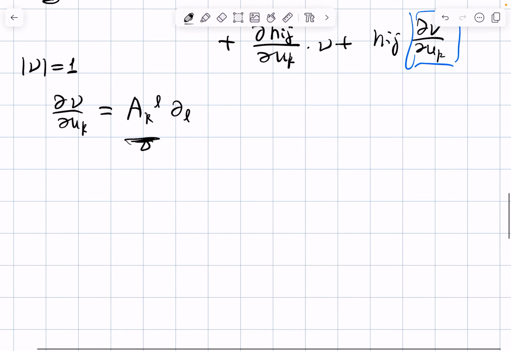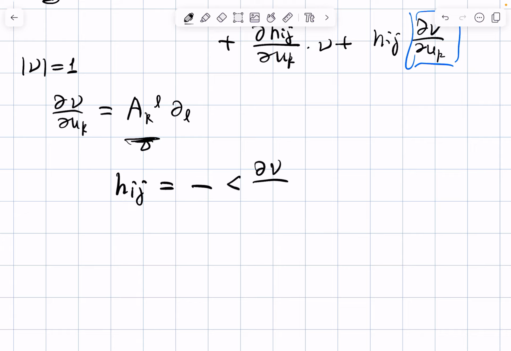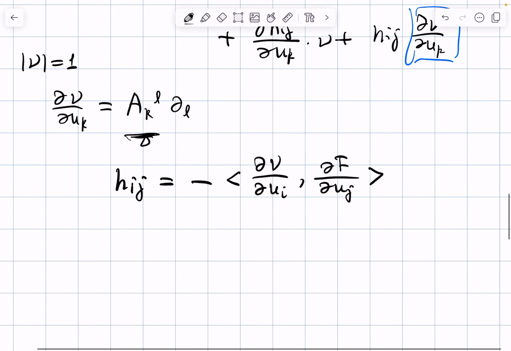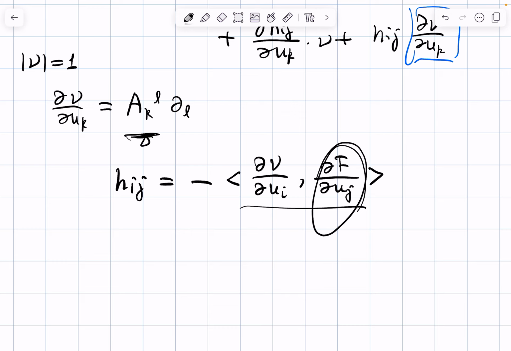And we know that by definition, h_ij is minus the inner product of partial ν, partial u_i with partial f, partial u_j. And it's an inner product, and this one is not an orthonormal basis, you have to keep in mind.